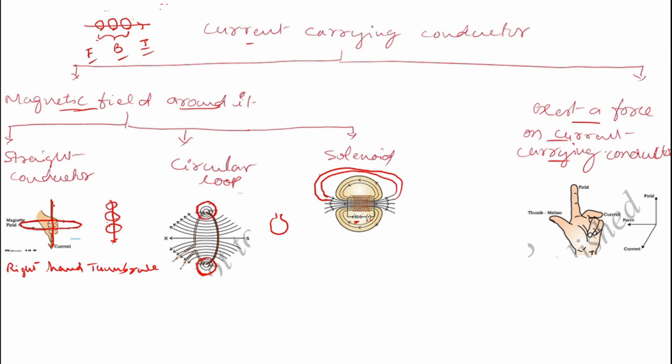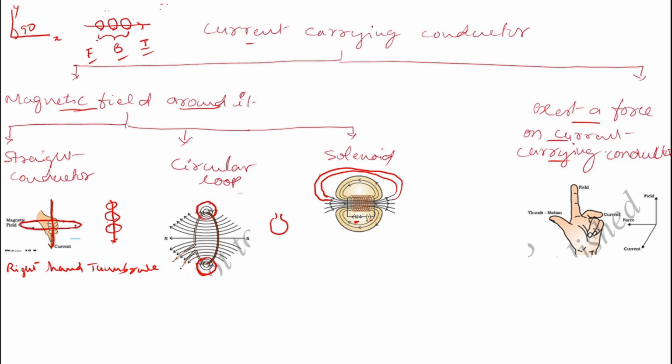Just you see, this line is perpendicular to the magnetic field. Now we will see what is perpendicular. Perpendicular means if you draw a graph, x-axis and y-axis, if this angle is 90 degrees, it is called perpendicular. That means the current carrying conductor and magnetic field are perpendicular to each other.